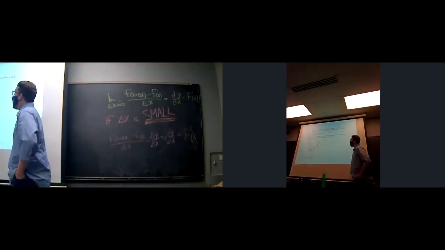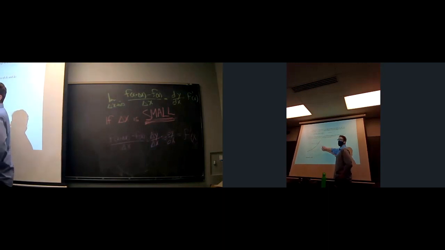So looking at the tangent line to our function at a point x, the small change in x can be thought of as dx, and the small change in y can be thought of as dy or delta y.